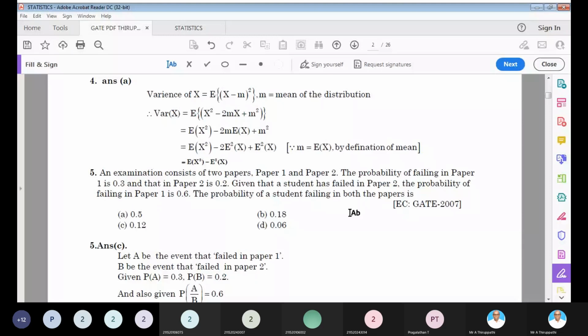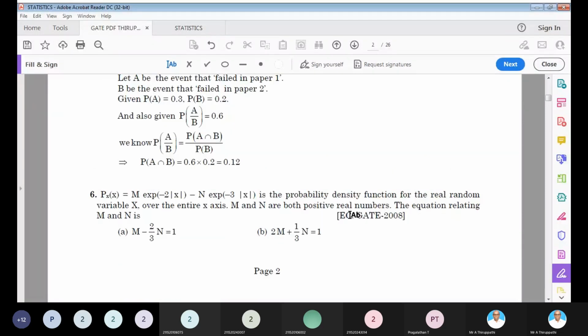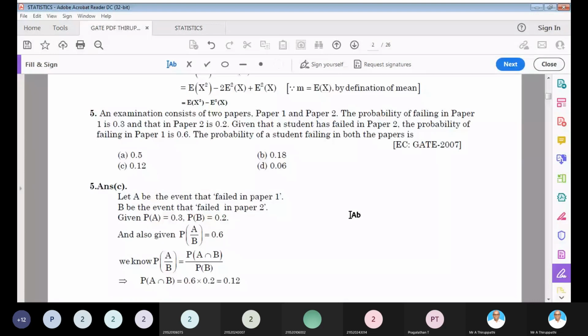Now come to the problem. An examination consisting of two papers, paper 1 and paper 2. How many are given? Two different papers. The probability of failing in paper 1 is 0.3 and in paper 2 is 0.2.